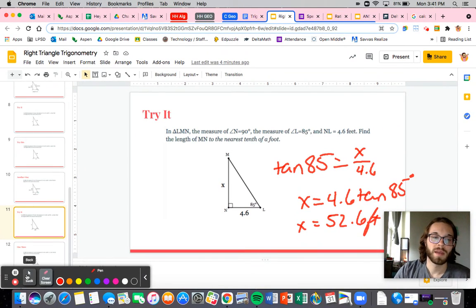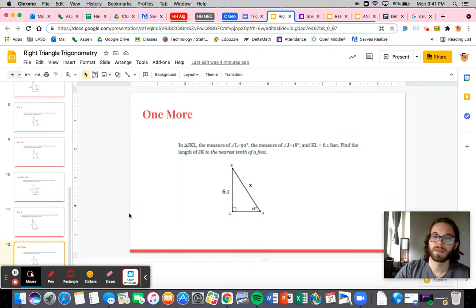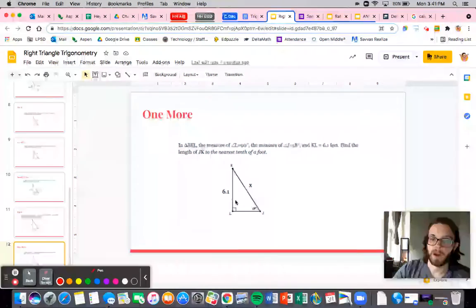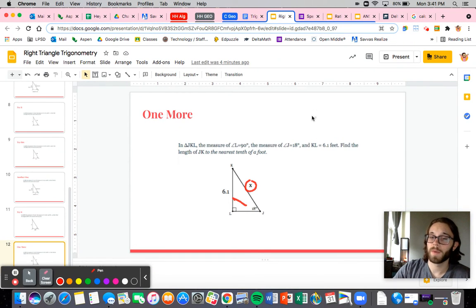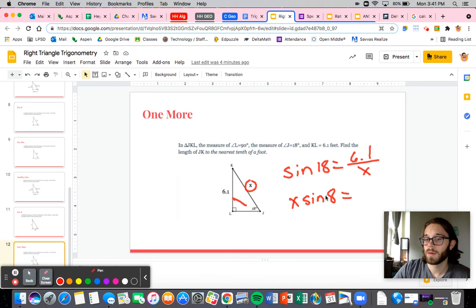All right. Now, last one. What do we have here? We have an opposite. We have a hypotenuse. So we're going to go back with the opposite and hypotenuse. That's sine. So I have sine of 18 is equal to 6.1 over x. Multiply both sides by x. I get x sine of 18 equals 6.1. X is equal to 6.1 over sine of 18.